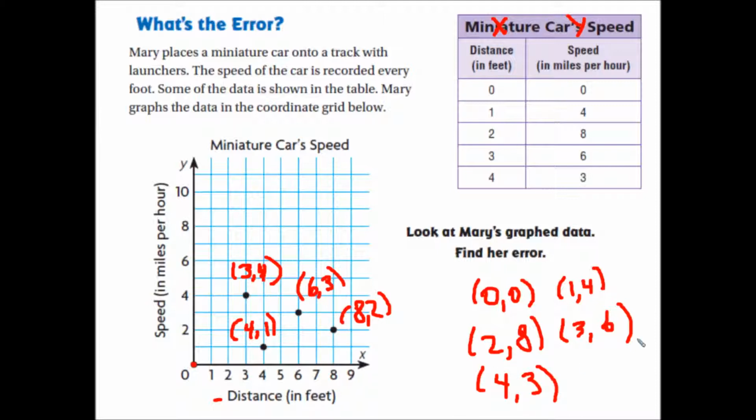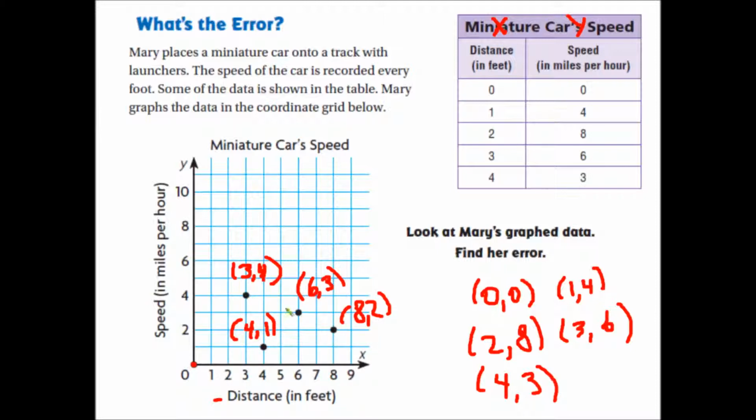But if you look at the numbers that we are supposed to graph and what she graphed, you'll notice that there is a similarity. She's using the same numbers, but she flipped X and Y. So she got completely wrong data points because she graphed the Y coordinate first and the X coordinate next.